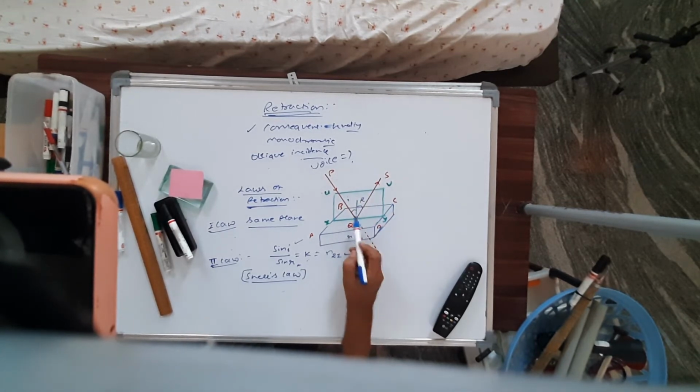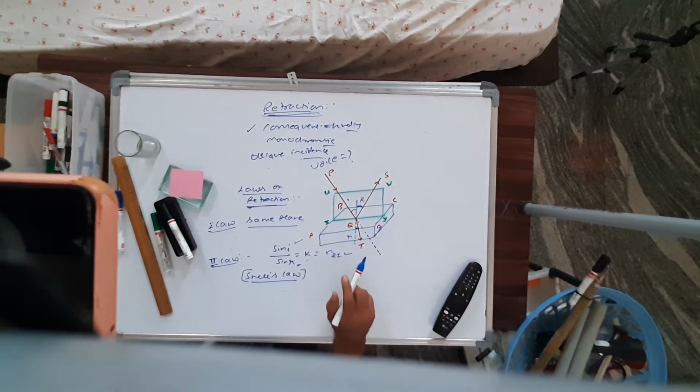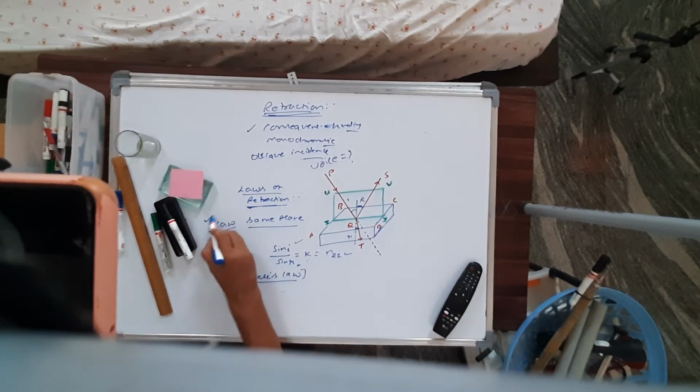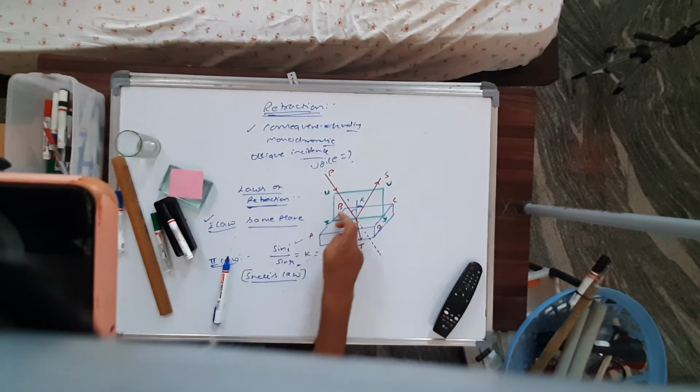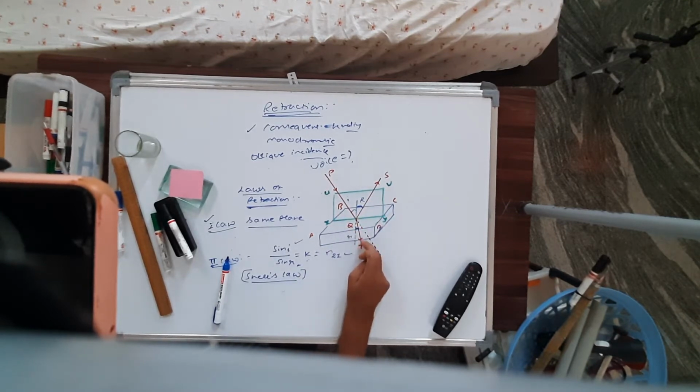Let small i be the angle of incidence, capital R the angle of reflection, and small r the angle of refraction. The first law states that the incident ray, the refracted ray and the normal drawn all lie in the same plane, that is, in the plane UVYX.